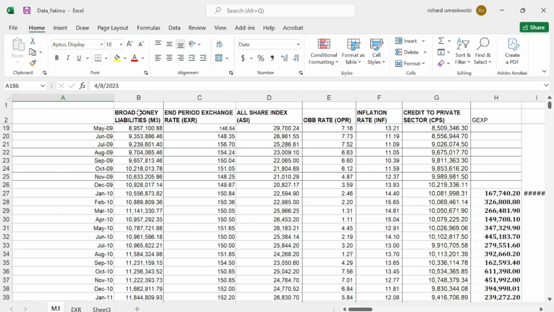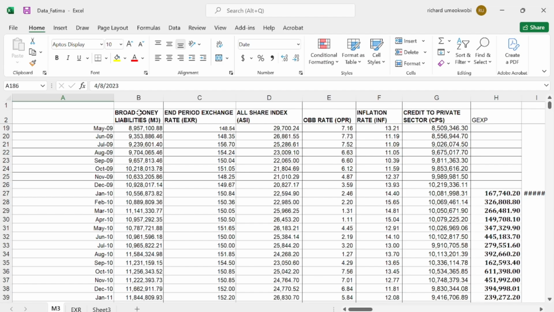And then we have the inflation rate. We all know what inflation rate is. And then we have credit to private sector. That is the amount of money that DMBs are able to lend to the private sector in order for them to boost the economy. We expect the credit to private sector to be high if you want economic productivity. We expect DMBs to lend more to these private sectors.